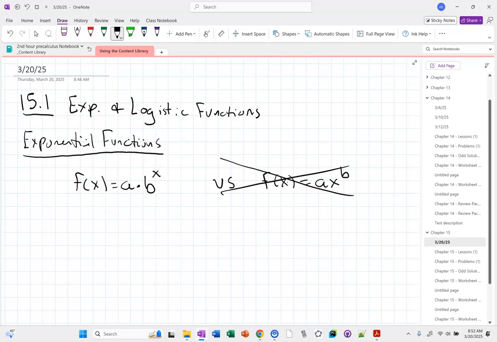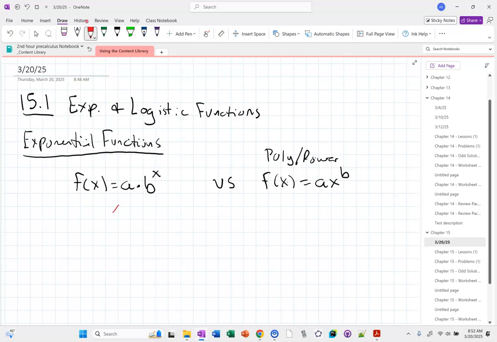This could be a polynomial or maybe a power function depending on what the value of that exponent is. If the exponent's a positive whole number, it's a polynomial. If it's any decimal, any real number, then it's a power function. But there, the x is the base.